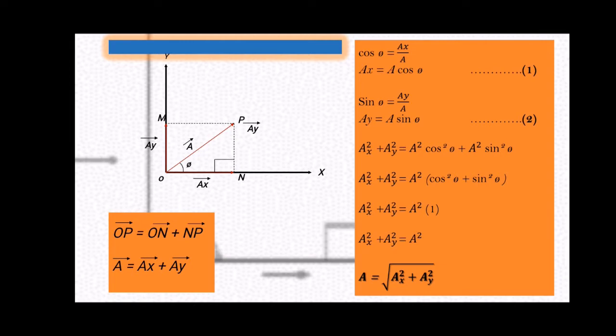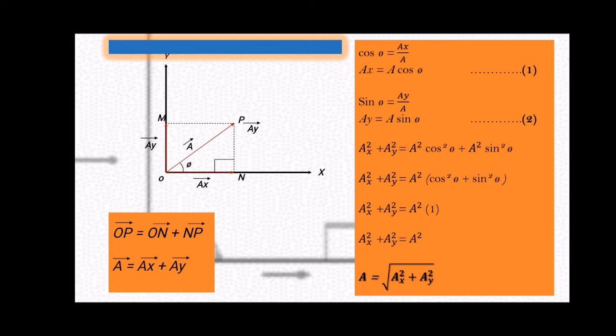After that, we will square equations 1 and 2 and add both sides. A squared sub x plus A squared sub y is equal to A squared cosine squared theta plus A squared sine squared theta, and so on until we get A squared sub x plus A squared sub y is equal to A squared.